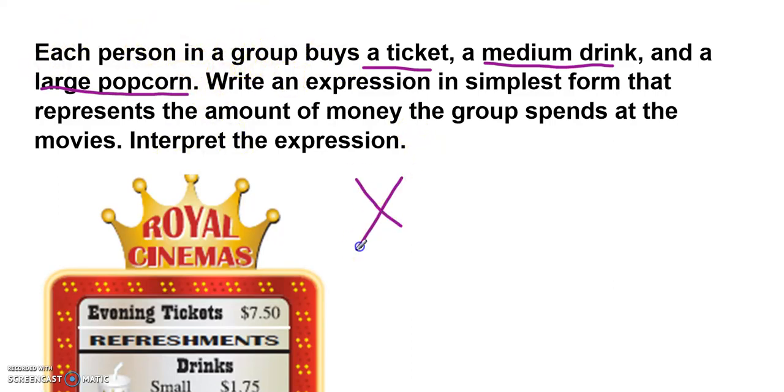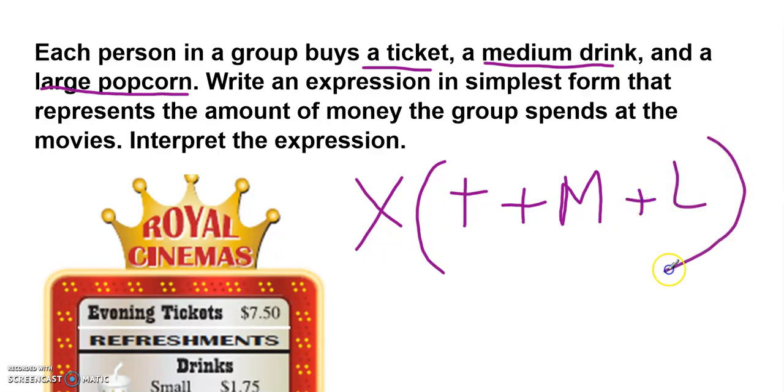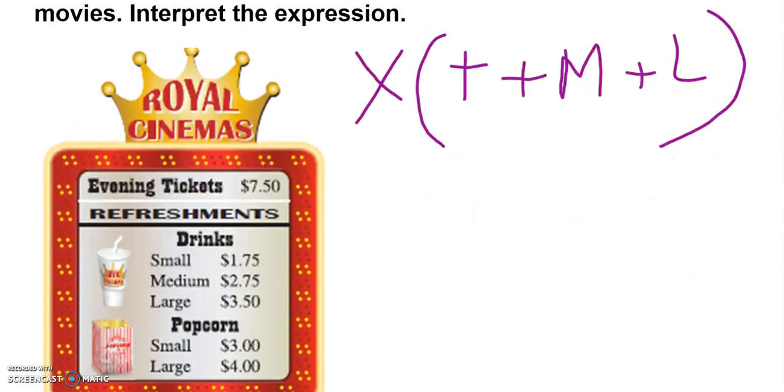So that's obviously going to have to be represented by x because we just don't know. And then each person is going to buy a ticket plus a medium drink and then plus a large popcorn. So the prices are right here, so we can fill in those.